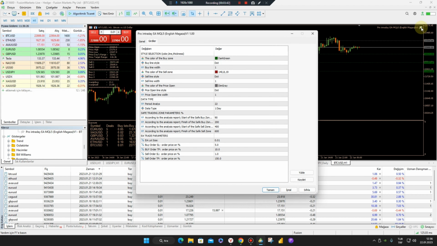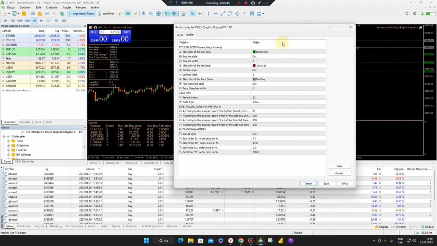This is something that everyone will probably like more, something that is even simpler. Now, let's look at the market. Speaking for Bitcoin, 22,621 gave us the buy 1 point, and the price came here and saw 22,607 at the lowest point, so it should have entered a purchase transaction here, but of course it did not do this transaction because I did not run it at night, and I had a purchase at 22,773, yesterday's purchase point.